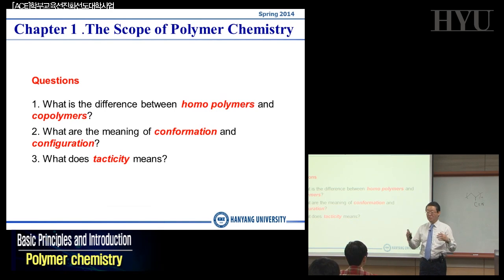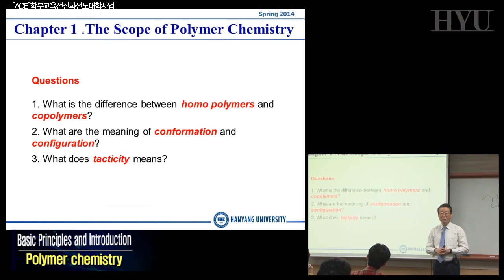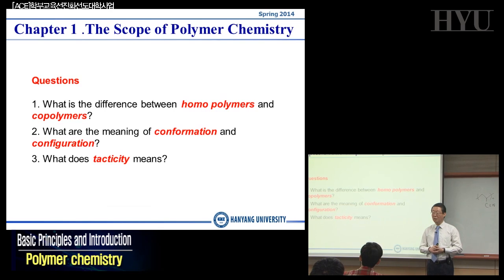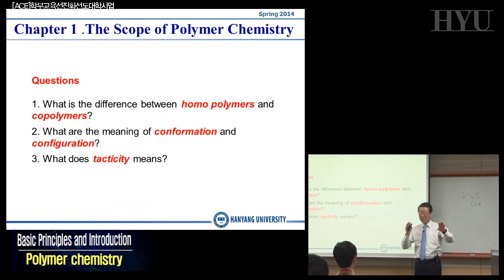Cis isomer and trans isomers are examples of conformation or configuration? Configuration, that's correct. Cis isomer and trans isomer are totally different chemicals. You cannot make a cis isomer become a trans isomer. Cis isomer is a cis isomer, and trans isomer is a trans isomer.